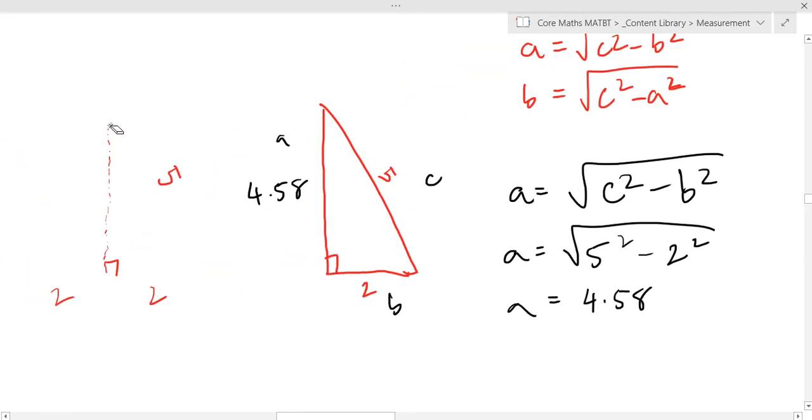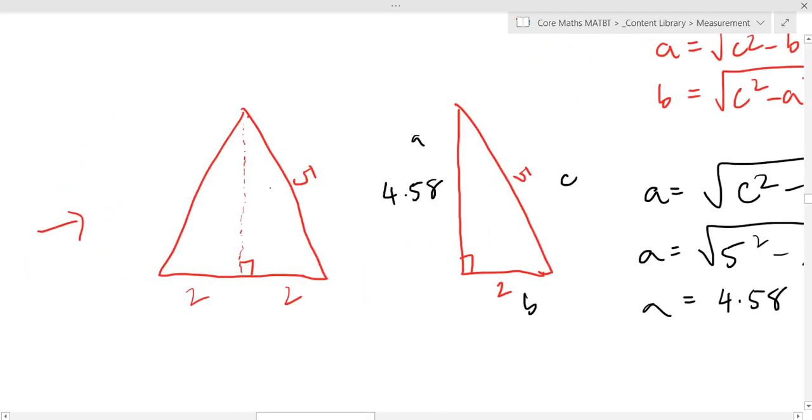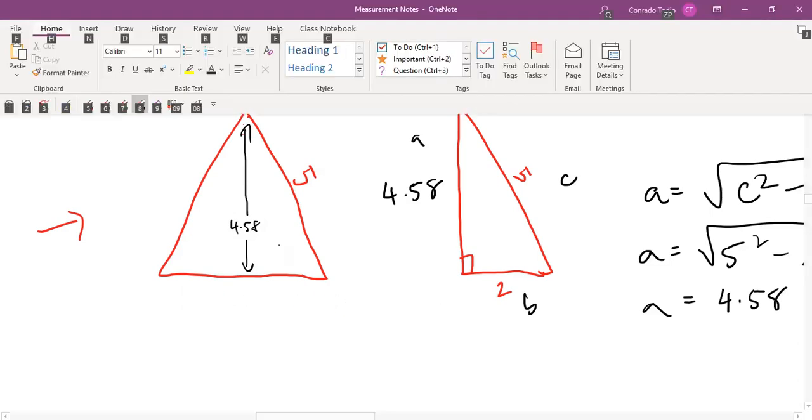Now I can find the area of those triangles. So the height all the way down here is 4.58. And remember this is 4.